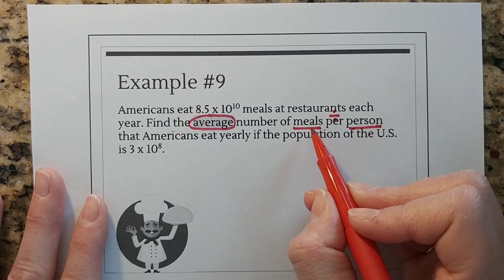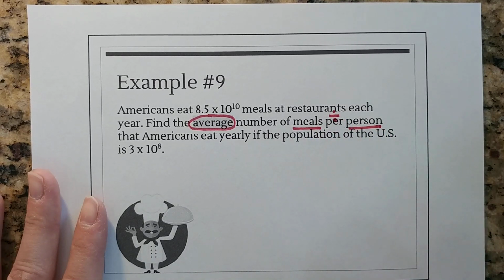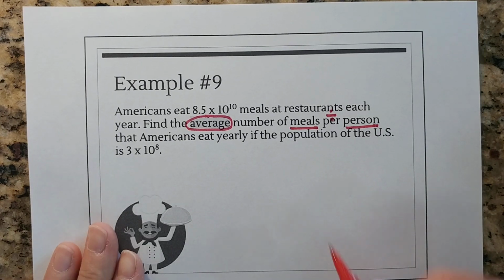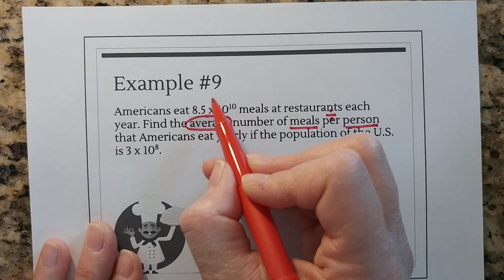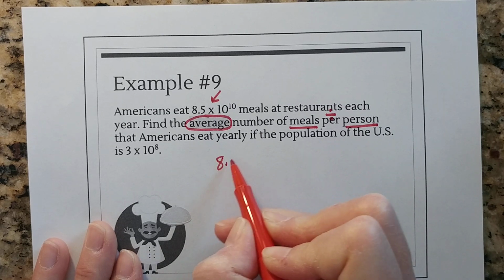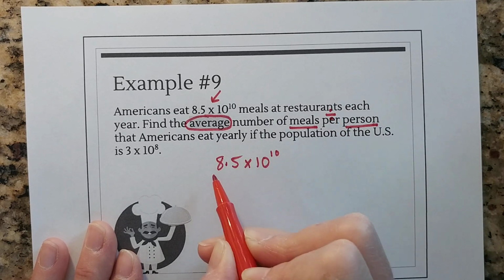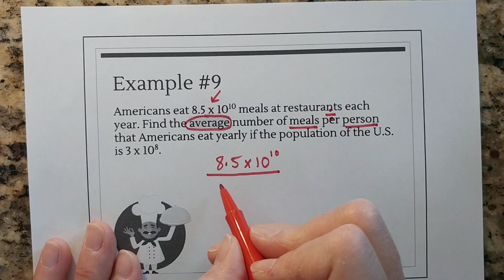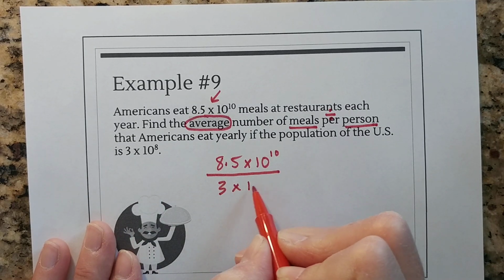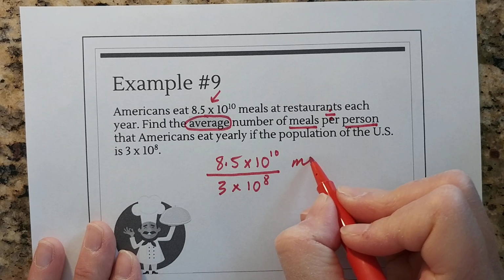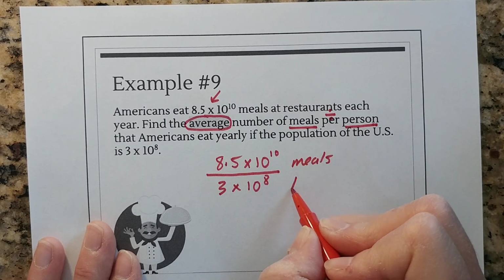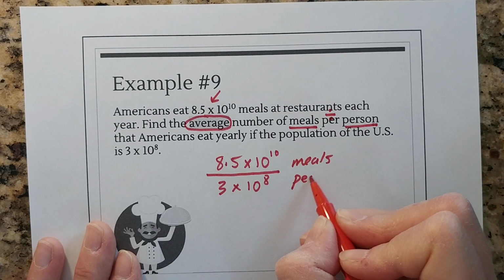So how many meals per one person? Well, let's take all the meals, and that's this many right here, 8.5 times 10 to the 10th, and we're going to divide it by how many people? 3 times 10 to the 8th. So this is meals per people.